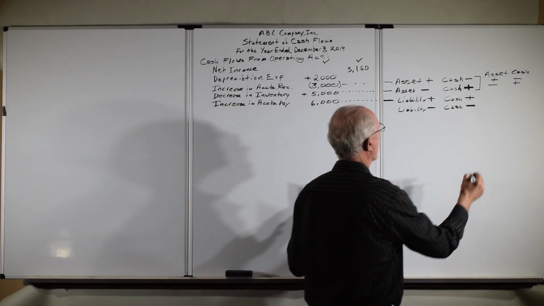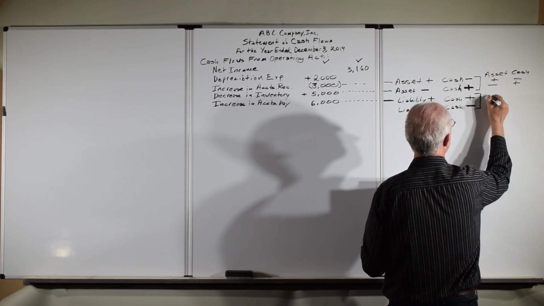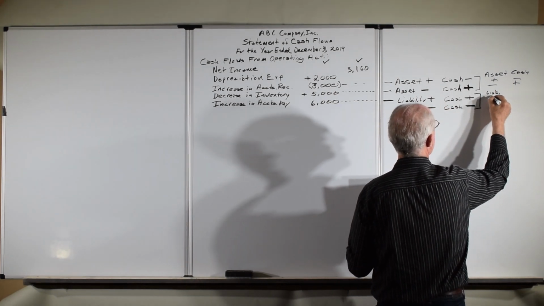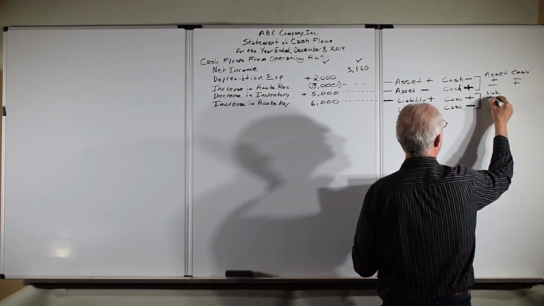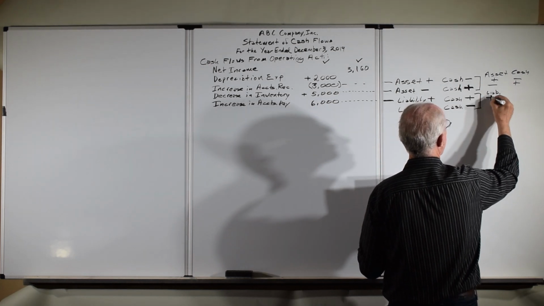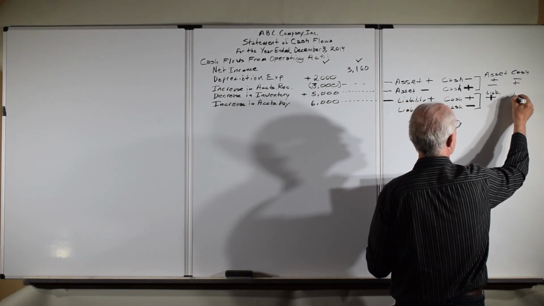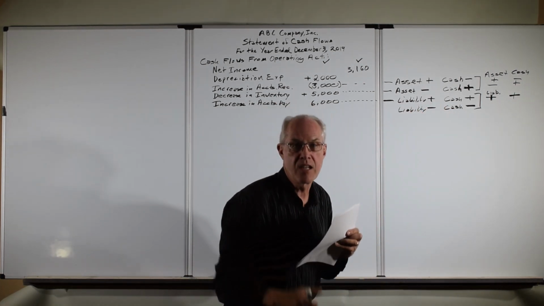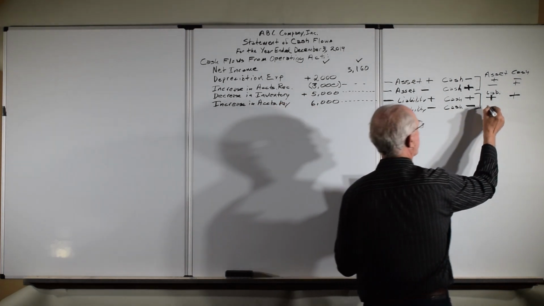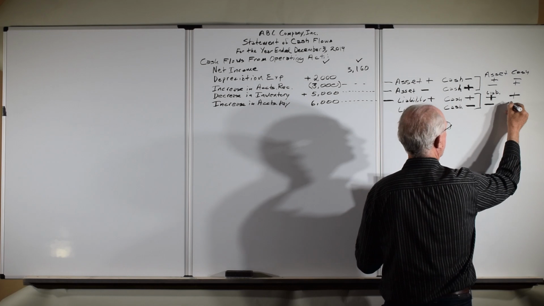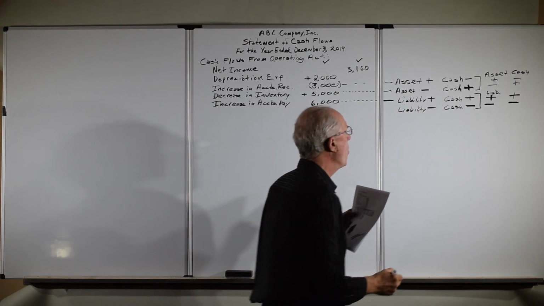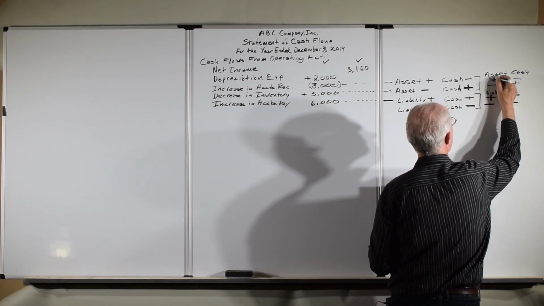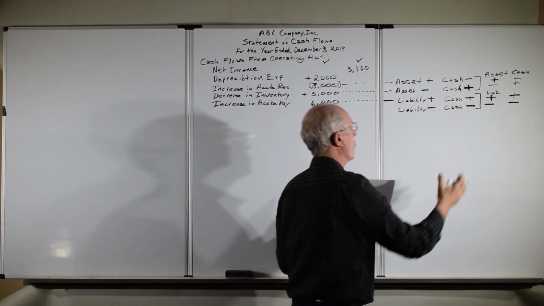With liabilities, if a liability increases, it's almost like you borrowed the money, so the change in cash is going to be in the same direction. If the liability decreases, it's like you paid it off with cash, so again the change is going to be in the same direction. Once you know these rules, it's pretty easy to do the statement.